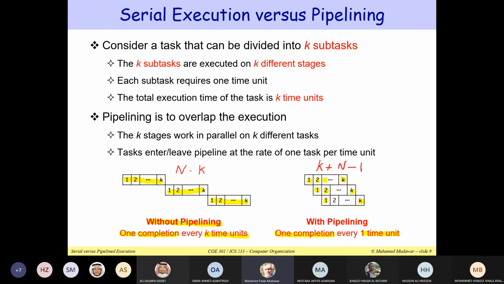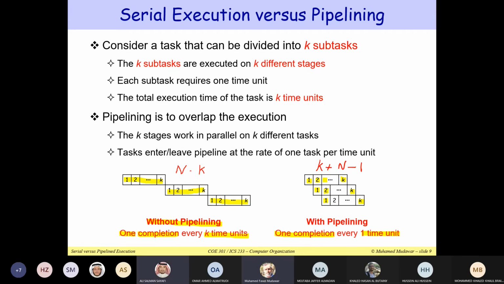Do you agree? So that's the number of cycles with pipelining. If you have, for example, n equal to 2, it will be k plus 1. If you have just one task, it will take k. If you have 2, it will take k plus 1. If you have 3, it is going to take k plus 2. If you have n, it will take k plus n minus 1. Correct?